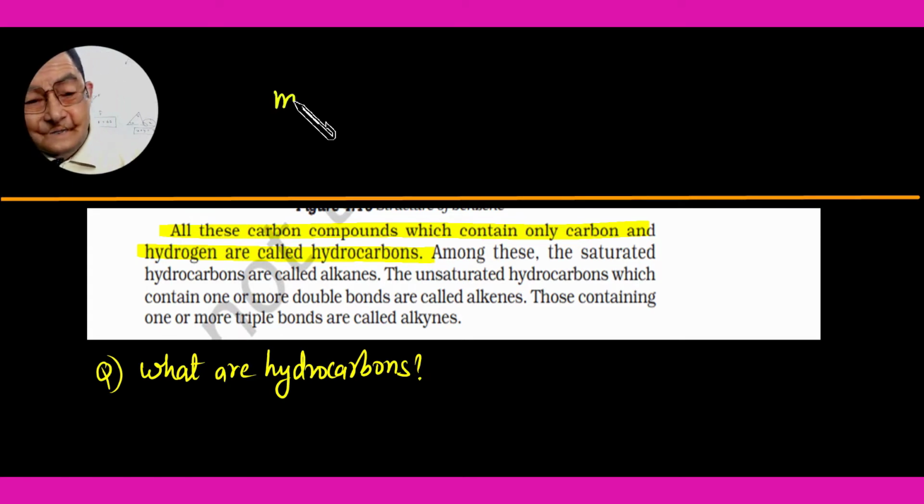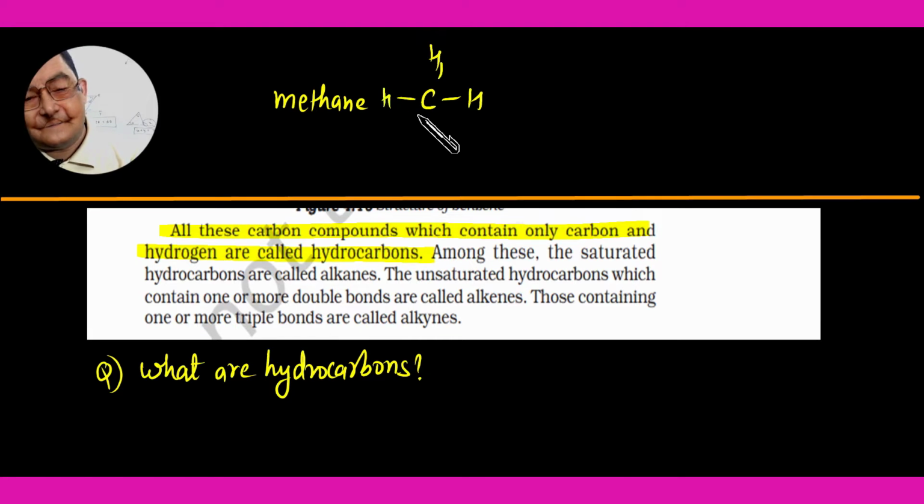Like you've got methane. When we talk about methane, it is carbon, and then there are 4 hydrogens. We can say that methane is a hydrocarbon. In fact, ethane is a hydrocarbon. Methane, ethane, propane, butane, all of them are hydrocarbons. So, for a compound to be a hydrocarbon, there has to be only carbon and hydrogen. So what are hydrocarbons? All those compounds which contain only carbon and hydrogen are called hydrocarbons.